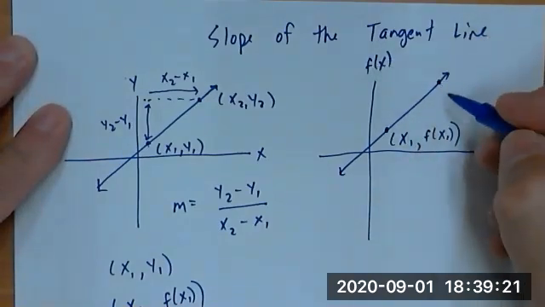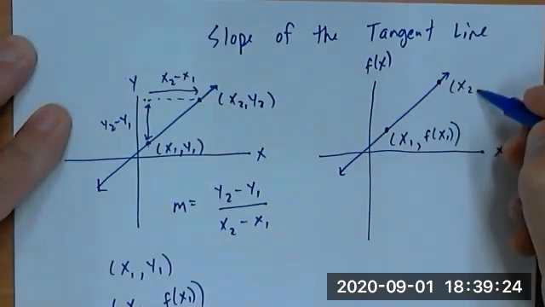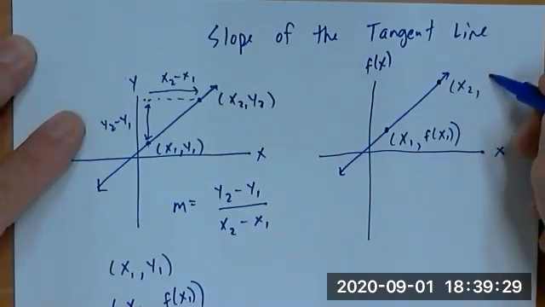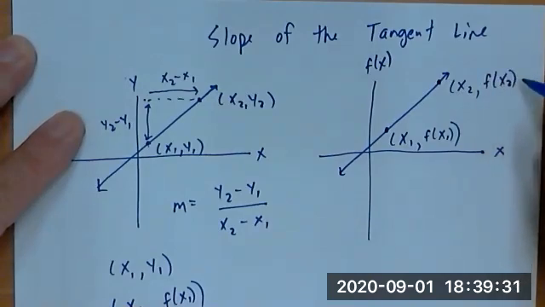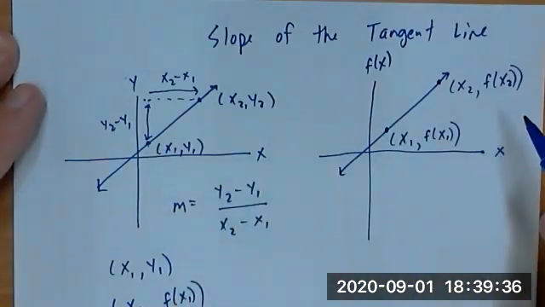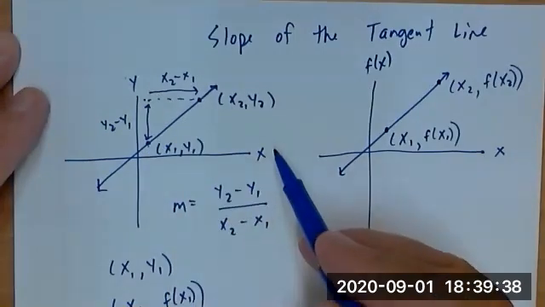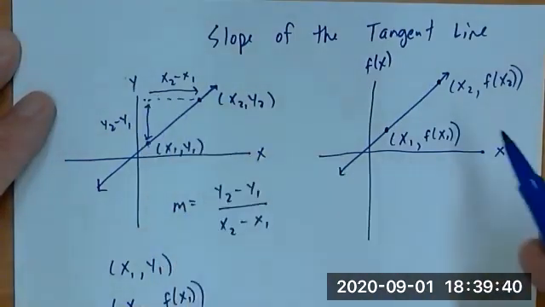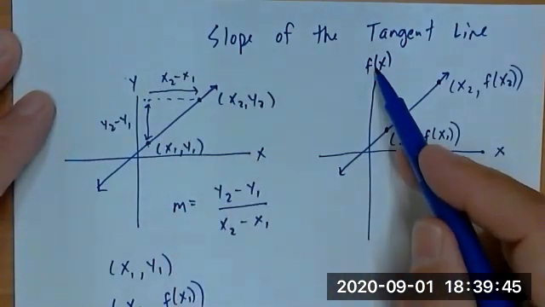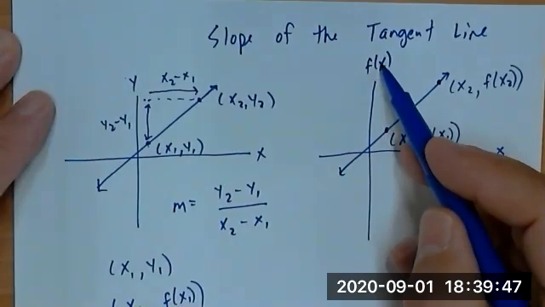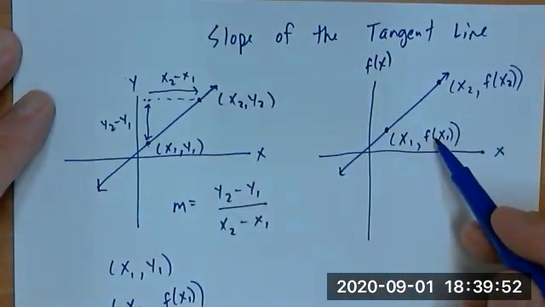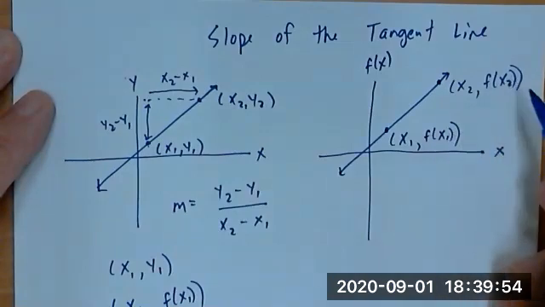So here's the second point, x2, y2. I'm not going to write y2, I'm going to write f of x2. These are really identical. All I'm doing is, the first graph is x and y. In the second graph, instead of y, I'm replacing y with f of x. Therefore, these points, instead of y1 and y2, I have f of x1 and f of x2.